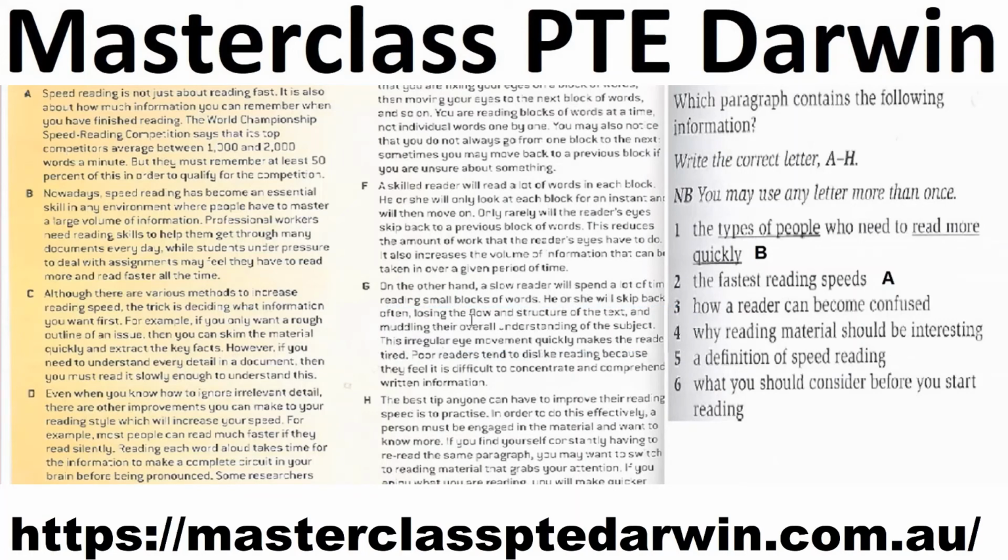So why are they losing it? Because they are reading small blocks of words and he or she will skip back often and lose the flow and structure of the text and muddle over the overall understanding of the subject. So they don't develop overall understanding. So it's like getting confused. So the answer is actually G.